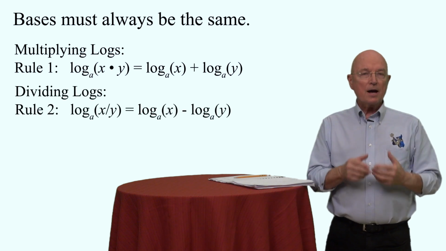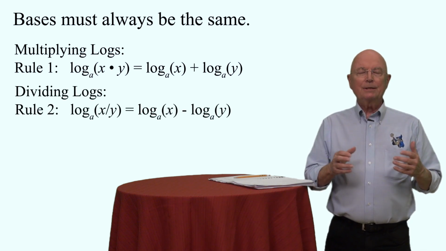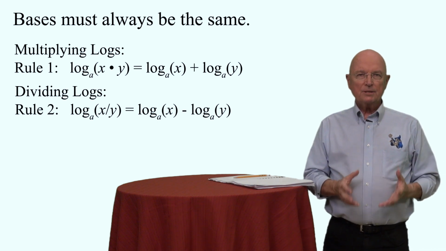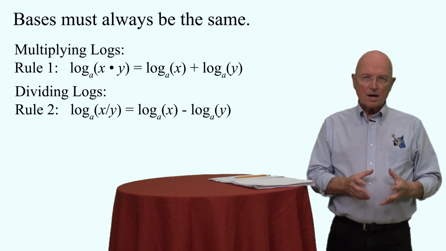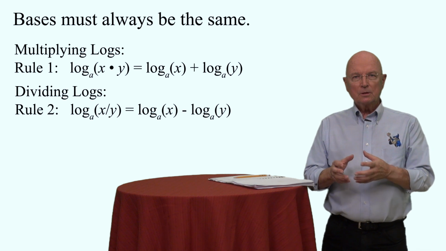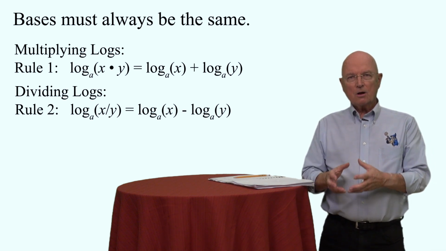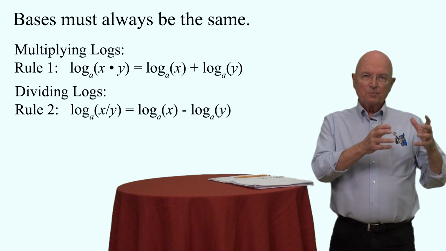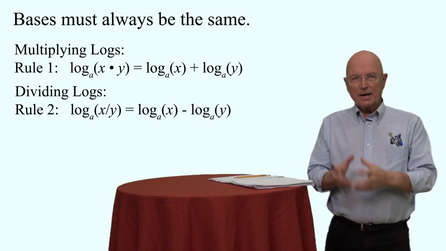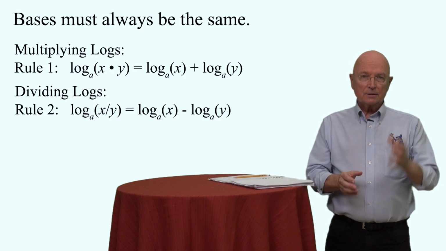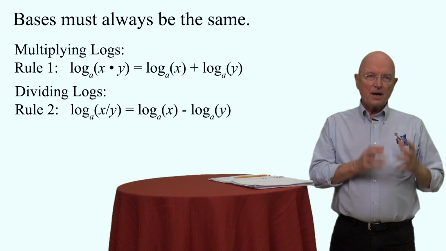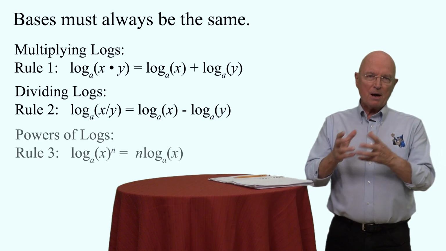Now, if we divide logs, it's exactly what we do with exponents. So the log of base a, x over y, would be equal to the log of base a, x, minus the log of base a, y. Just like if you divided x to the 7th by x to the 3rd, you would subtract. 7 minus 3 leaves us 4. Now there's a final rule. Remember we took exponents to powers.